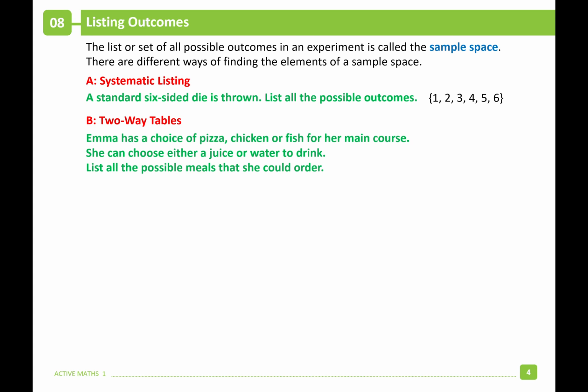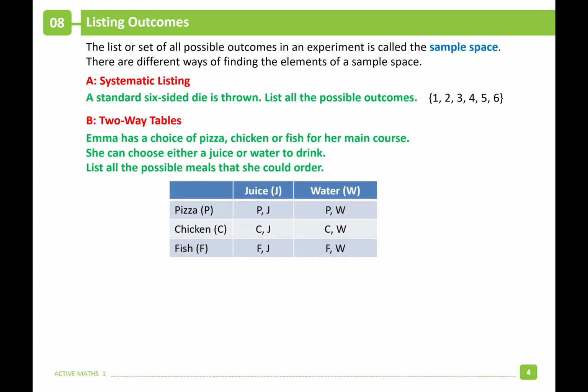To make a two-way table, we write all of the possible outcomes for her main course in the first column and all of the possible outcomes for her drink in the first row. We then list all of the possible outcomes she could order.